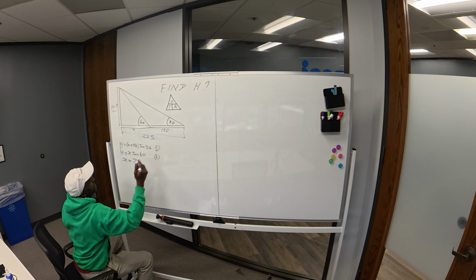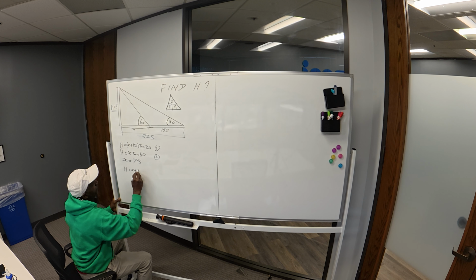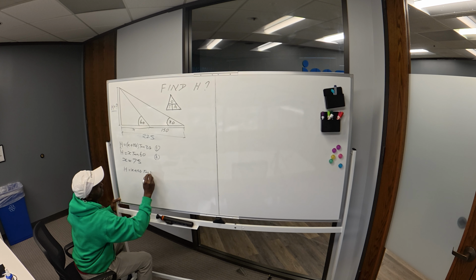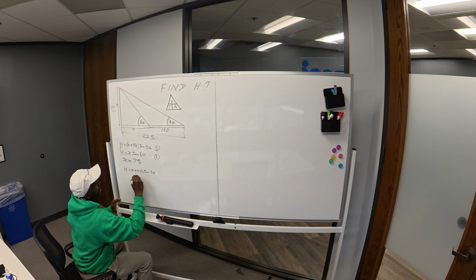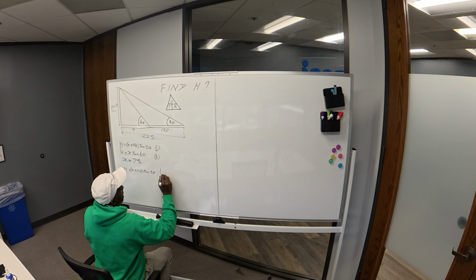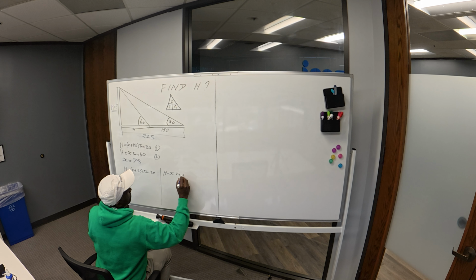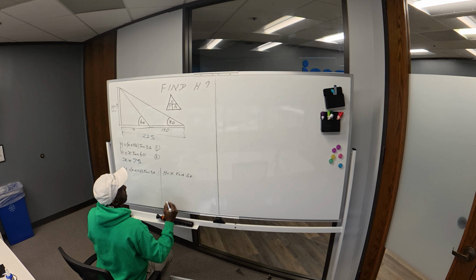In the first case, we have h is equal to x plus 150 tangent of 30. And the second one is h is equal to x tangent of 60.